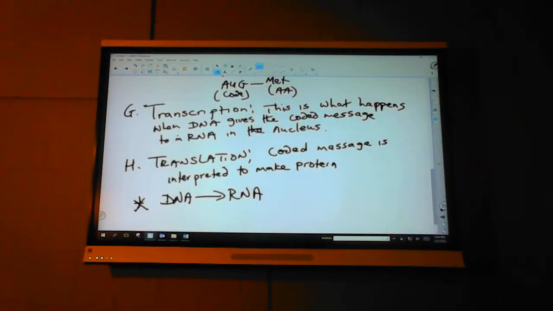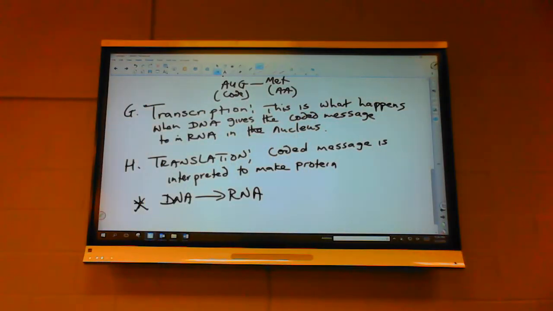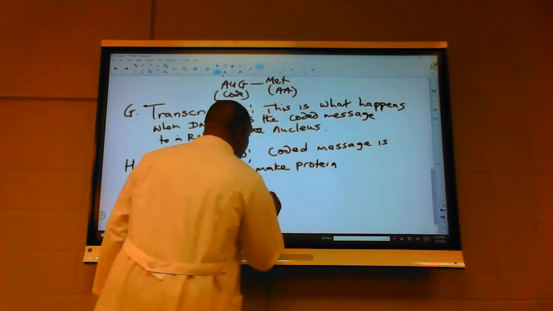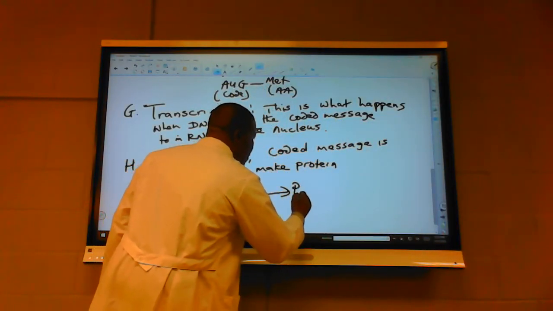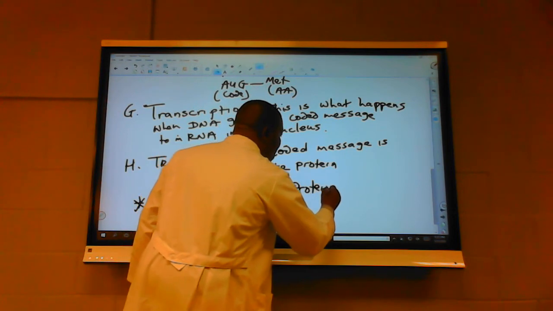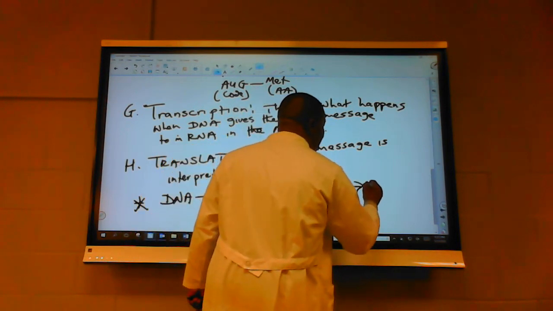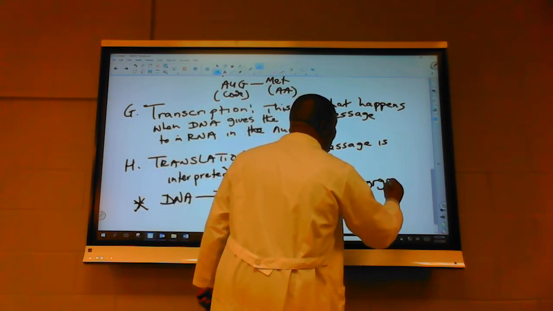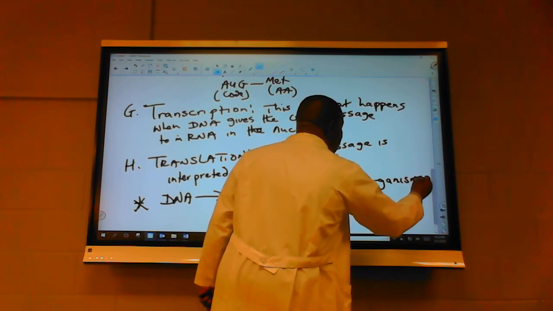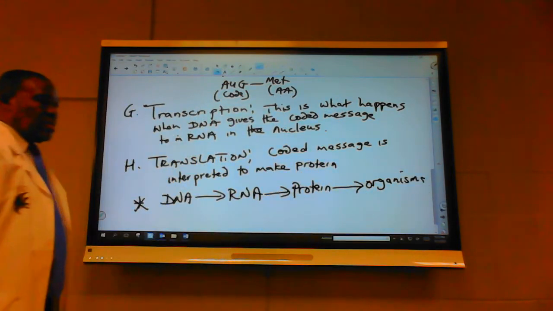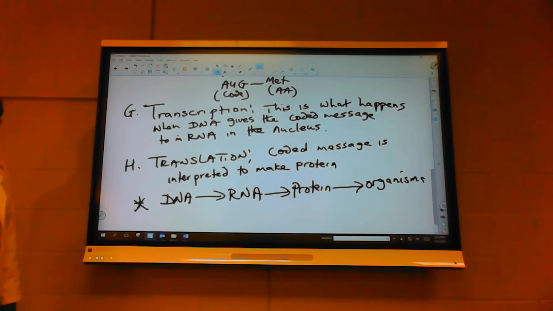Okay? So we have those 3 RNAs. So now what they're going to do, those 3 RNAs group together as RNA, and all of them are going to make protein. And when they make that protein, then that protein can be used to assemble organisms or living things. That is the correct order for protein synthesis.